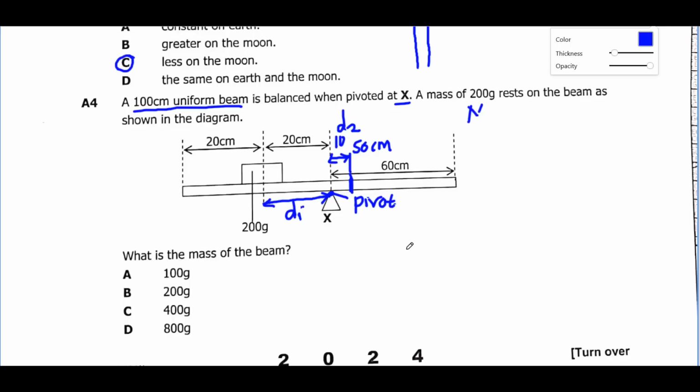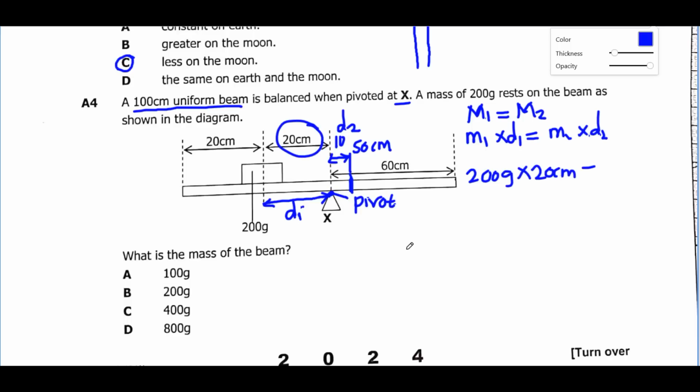So we say moment 1 is equal to moment 2. Then mass 1 multiplied by distance 1 is equal to mass 2 times distance 2. Mass 1 is 200 grams times distance 1, which is 20 centimeters. Mass 2 is what we are solving for.